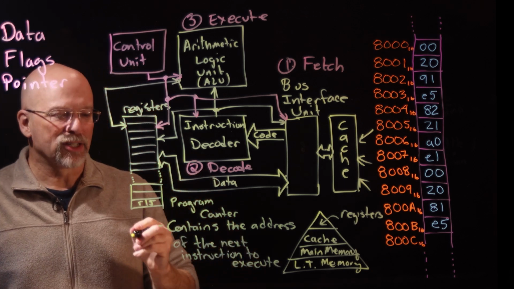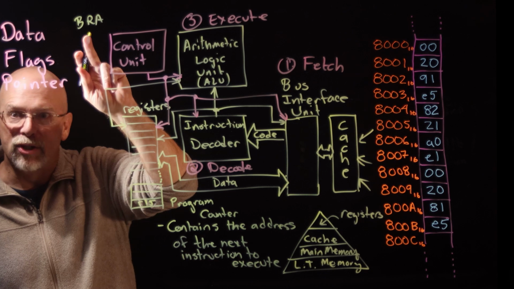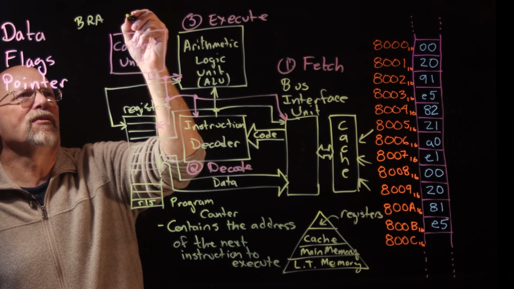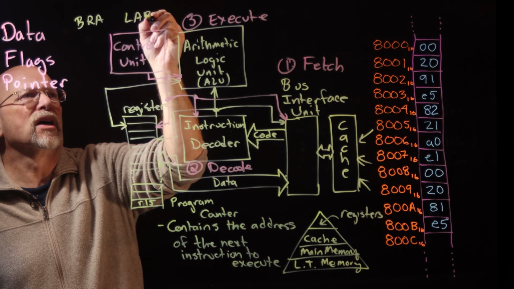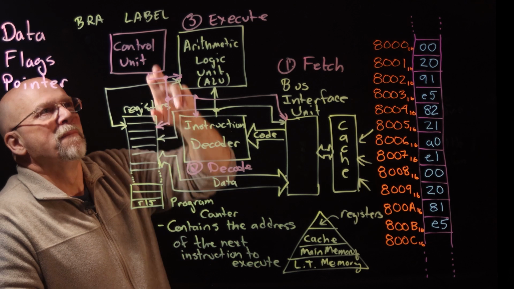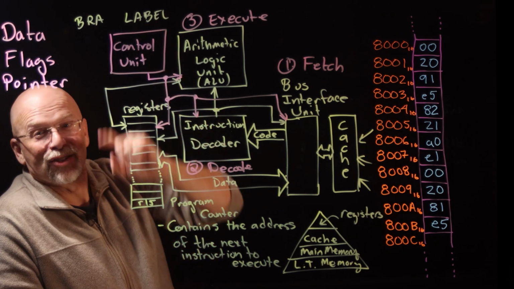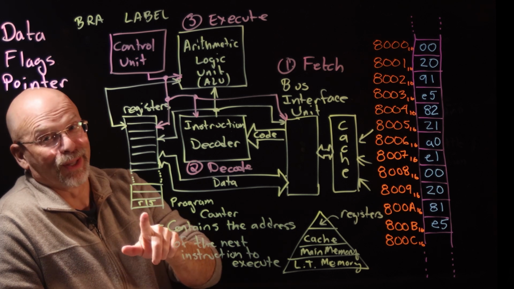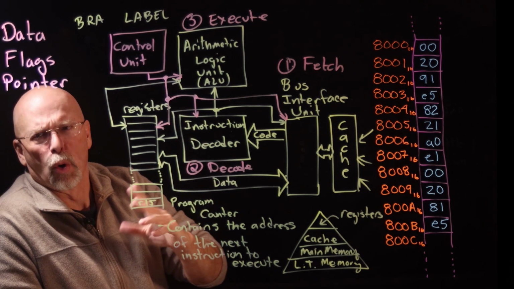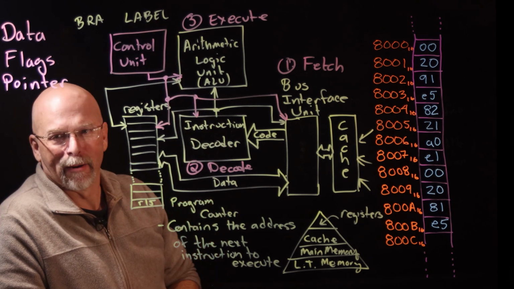In assembly language, it may be a simple instruction like BRA, and maybe it'll give a label, some name that we're branching to, and that corresponds to an address. That instruction simply loads a new value into R15, the program counter, or the instruction pointer. It just loads the address of that label right in there.